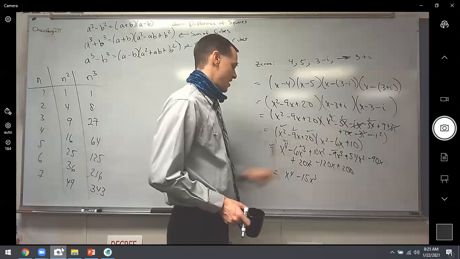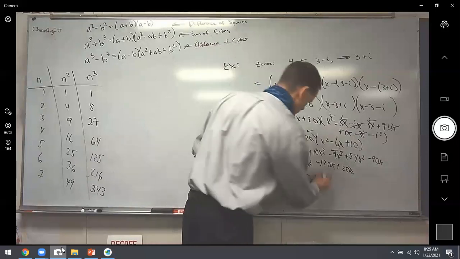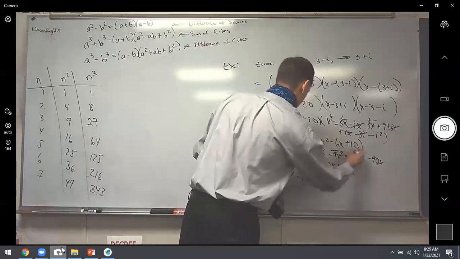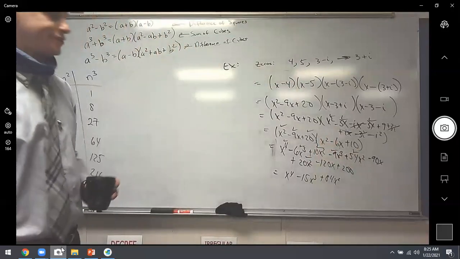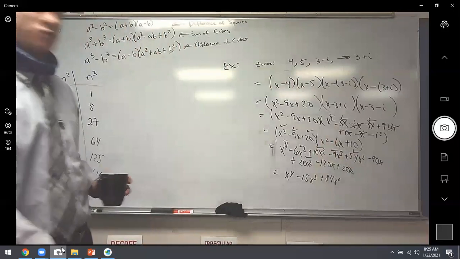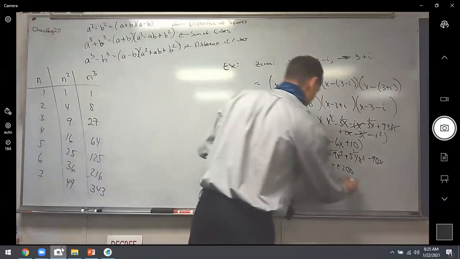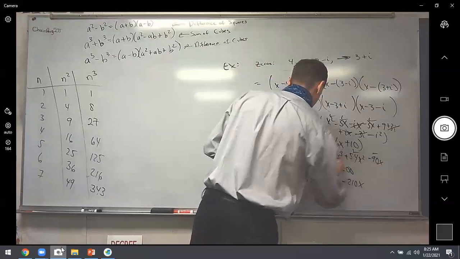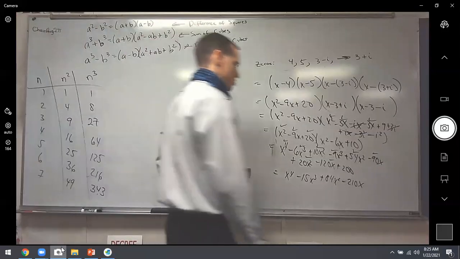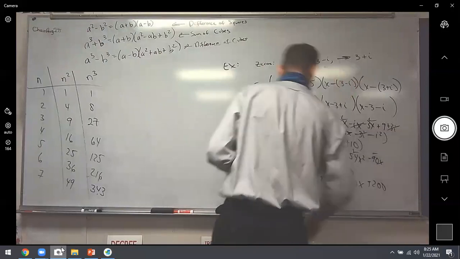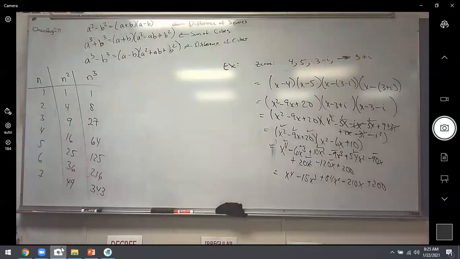So if you add all those together, you get 84, so that's 84x squared. How about just x's? I see negative 90 and negative 120. You add those together, you get negative 210. And lastly, there's just this one stupid number of 200. So plus 200. And that's how you'd go the other way.